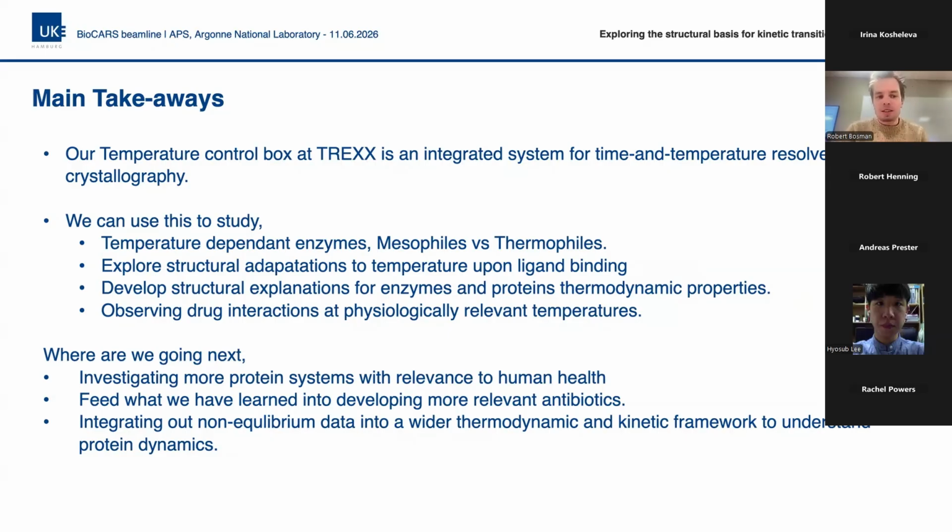We can explore structural adaptations to temperature on ligand binding, some of the work that's been done by others in our group, and generally look at structural explanations for some of the odd thermodynamic properties we see in proteins.